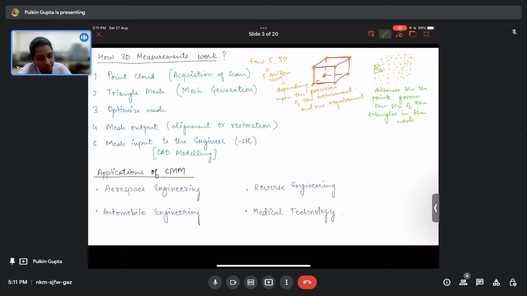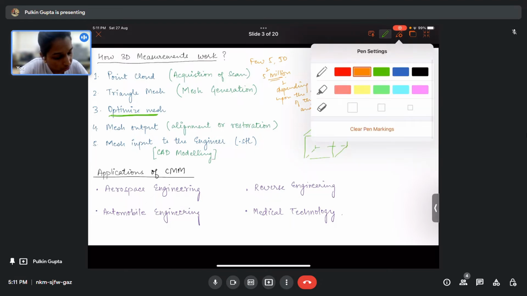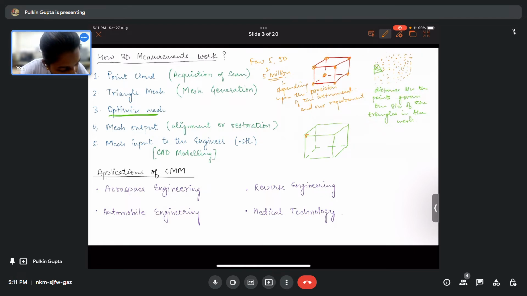Now, the next step is that you need to optimize this mesh. This optimization is really very necessary. Suppose instead of this sharp cube, you had a cube, but the difference being these sharp edges were not sharp but actually filleted. So they were a little curved.